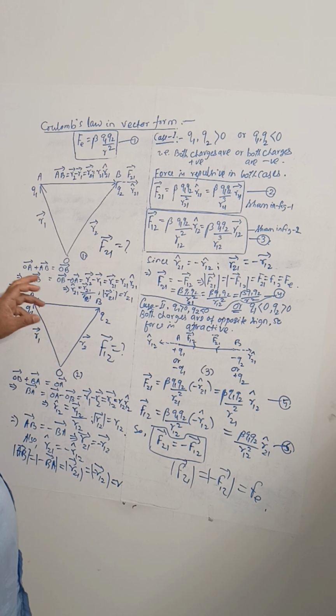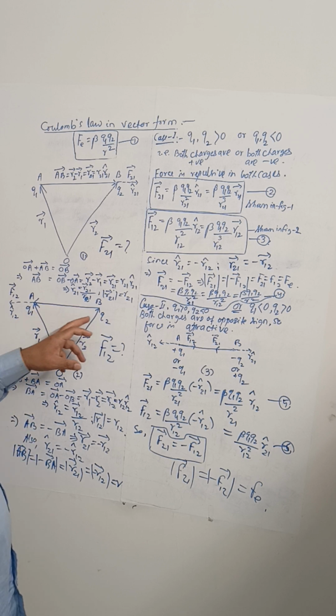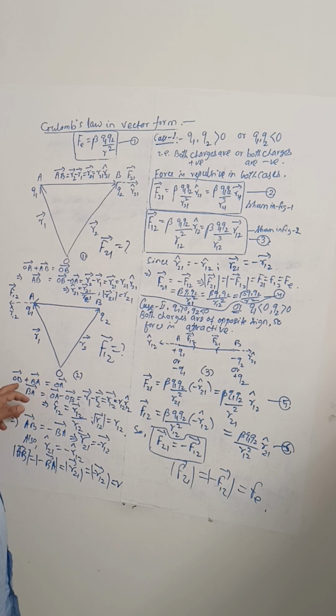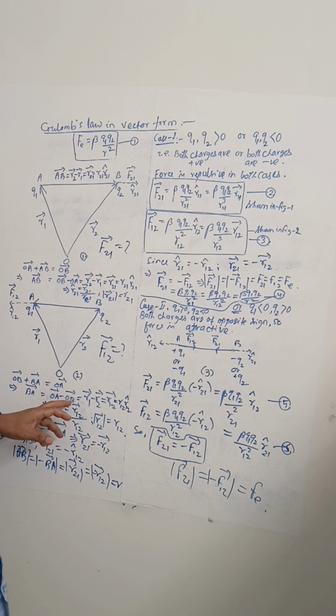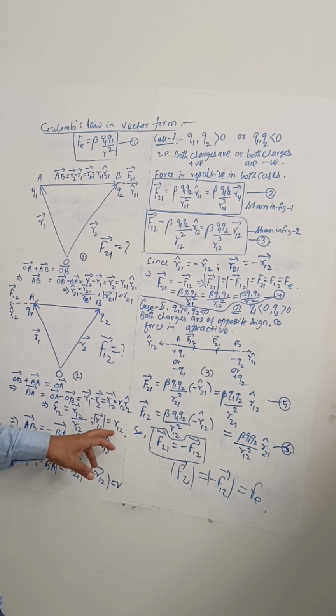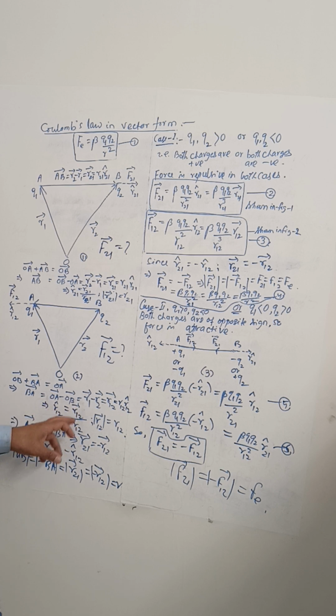Similarly, to calculate the force on Q1 due to Q2, the position of Q1 should be known from Q2 in the direction of vector BA, and vector BA represents the position vector of Q1 relative to Q2 and is related by the equation OB + BA = OA, which implies BA = OA − OB = R1 − R2, written as vector R12 = R12 times R12 cap, where the magnitude of vector R12 is R12, and the unit vector R12 cap is equal to vector R12 by R12.